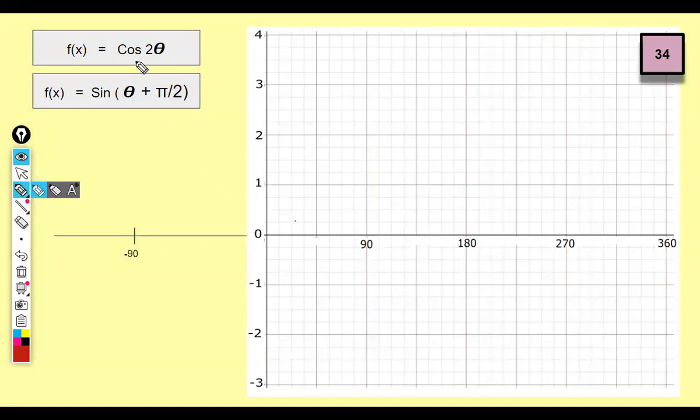So whenever it's 2 theta, a lot of people think the graph will actually get twice as big. But since 2 really means to multiply by half, when you multiply something by half, it will get what? Smaller. In fact, the graph does get twice as small. It does get twice as compressed.